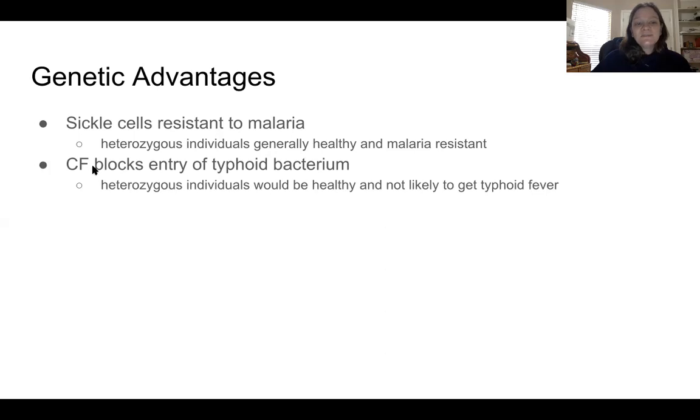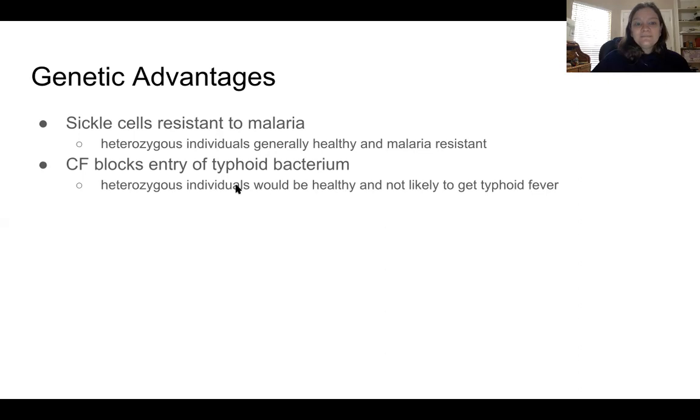CF is similar in that you don't get typhoid. For whatever reason, having CF will prevent the typhoid bacteria. It can't get into your lungs and into your body. And so then you don't have typhoid, which again is not a big concern for us in the US, but in a lot of places, typhoid is still a problem.